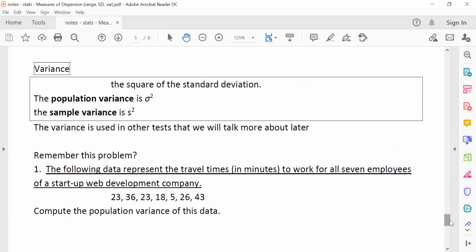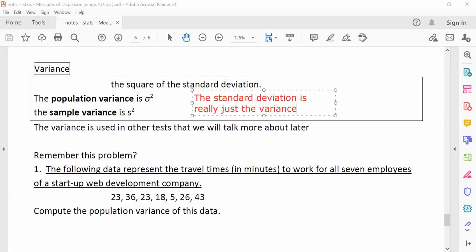Lastly, we can talk about the variance for a moment. It turns out the standard deviation is really just the square root of the variance.